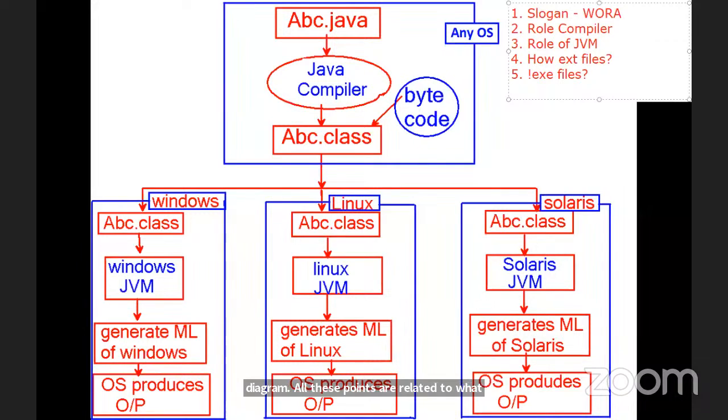Platform independency, right? And tell me, why doesn't Java support exe files or .bin file or .dmg file? If those files are generated and saved in Java, are they common to all operating systems or specific to one operating system? Specific to one operating system. If it is specific to an operating system, then Java becomes platform dependent.